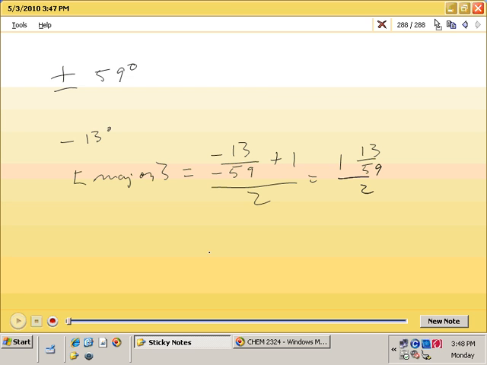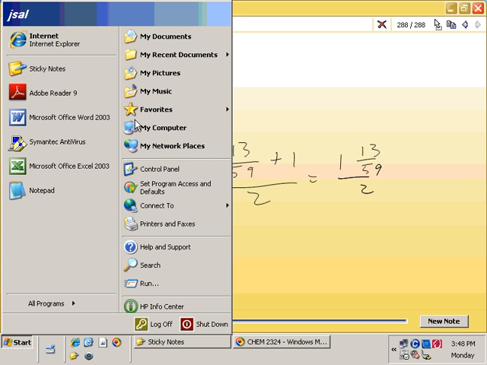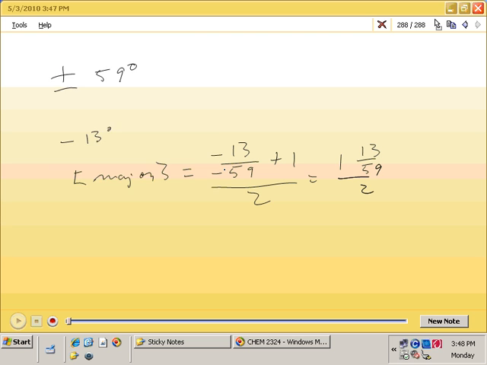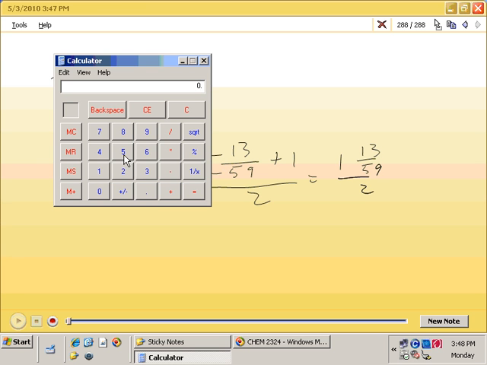I'm going to pull out the calculator here and do the math. Let me go to accessories quickly and show you with a calculator how to get these results. We're going to get 13 divided by 59, plus 1.